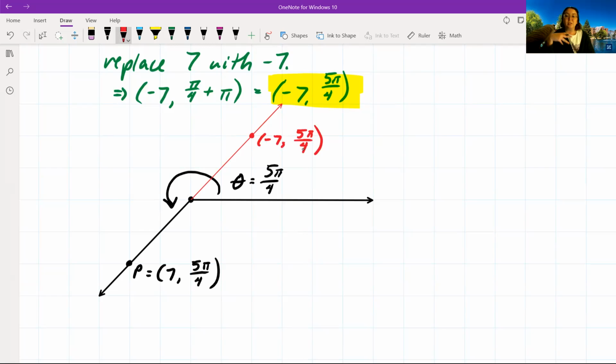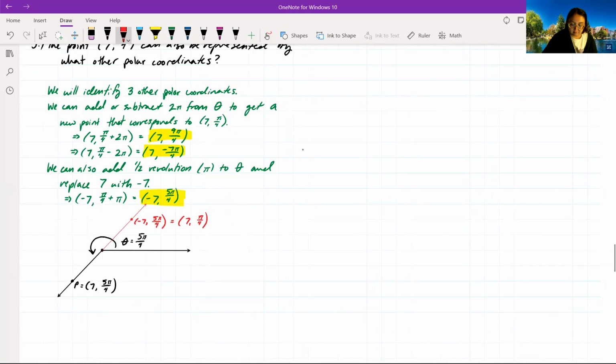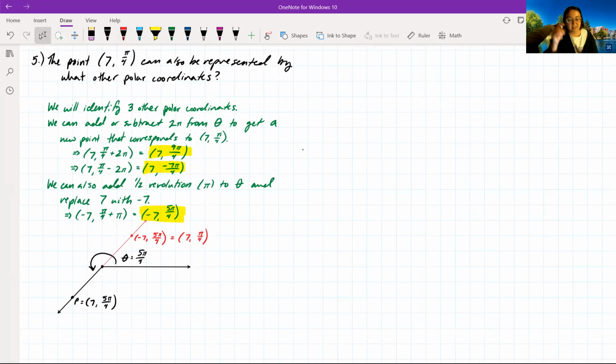So we have our original line, which is then going to be our 7, 5 pi over 4. We continue on that line in the opposite direction. This now gives us -7, 5 pi over 4, which also corresponds to our original point, which was 7, pi over 4. Just a bit of a visual representation there.